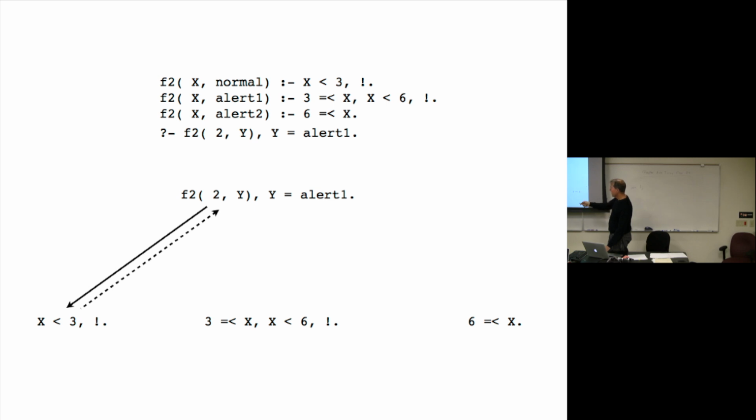All right. Now, when it gets to this cut, because there's a cut here, when it gets to this cut, that commits us to this choice. It's like those little spikes in the parking lot that don't let you back up.